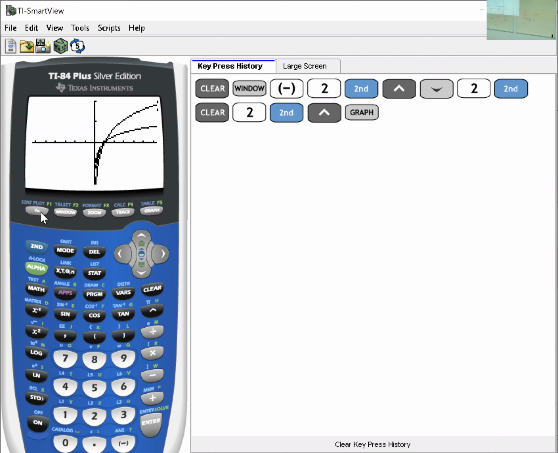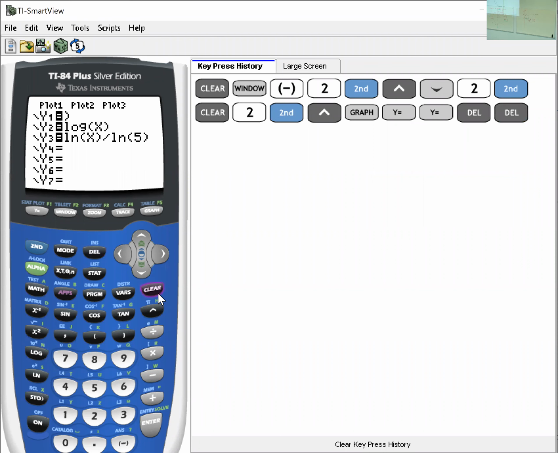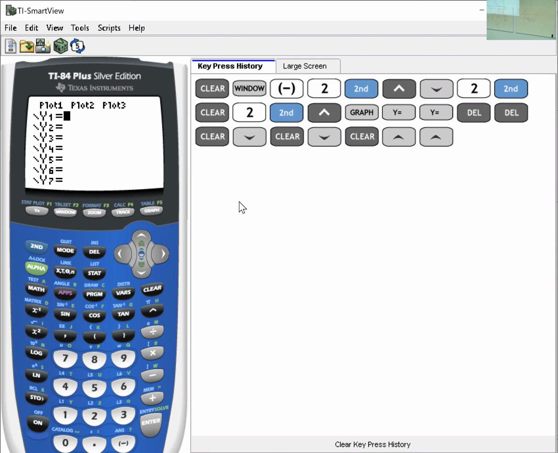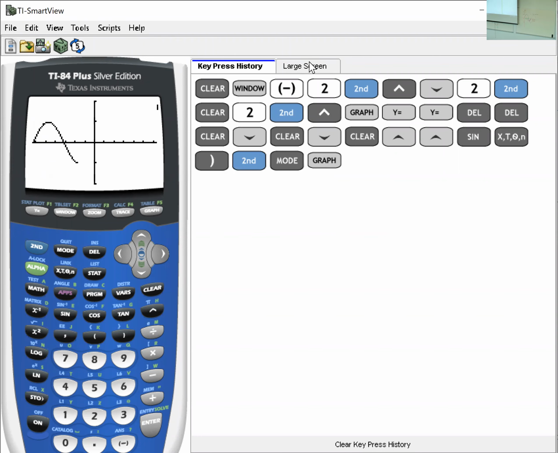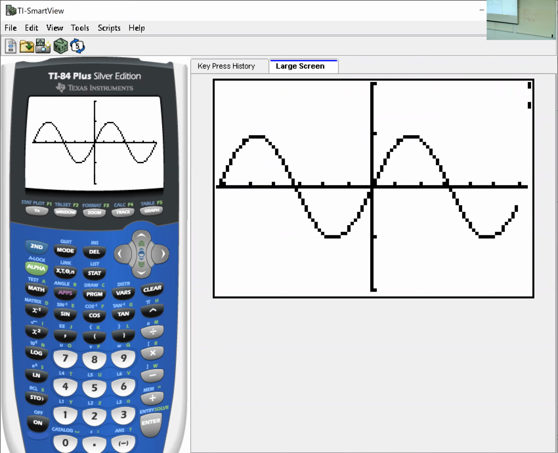Sine x. Good. Does it look like what I drew?